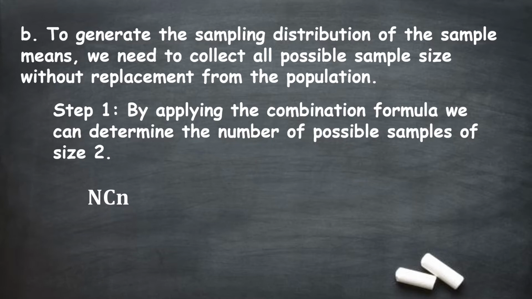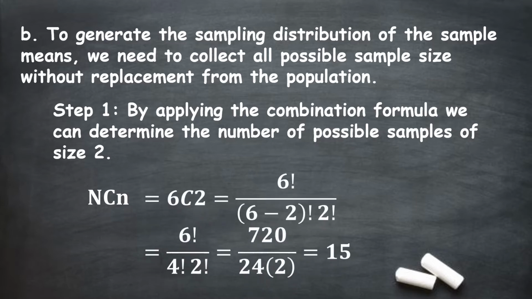It is a function for combination, or if not, we have the formula for combination as 6 factorial all over the quantity of 6 minus 2 factorial multiplied by 2 factorial. Simplifying everything, we will have 15.